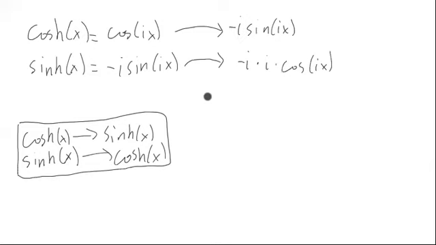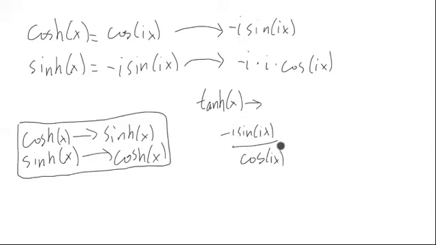So let's start with tangent. So we take its derivative, and we do this by thinking of i sine ix over cosine ix, and maybe we'll use the quotient rule. So I end up getting cosine squared ix on the bottom.